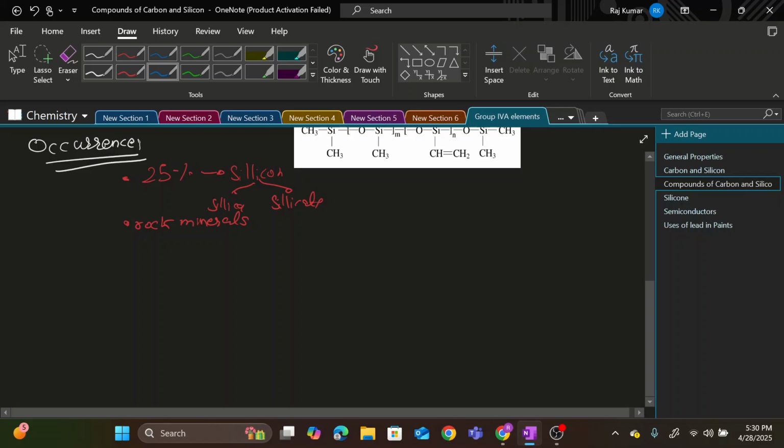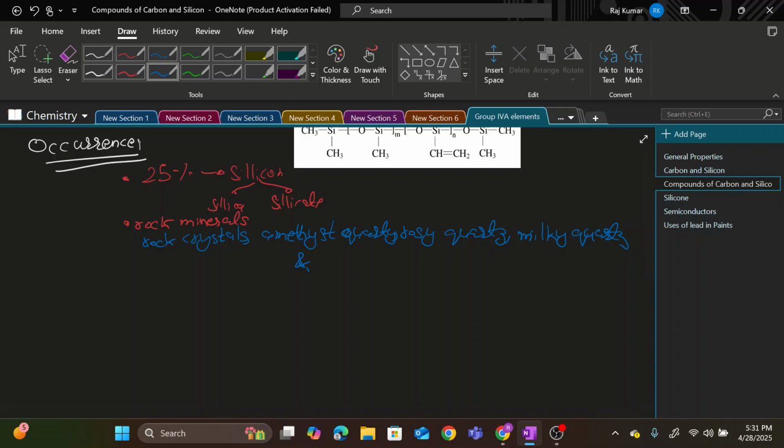Examples of those rock minerals include rock crystals, amethyst quartz, rosy quartz, and milky quartz.